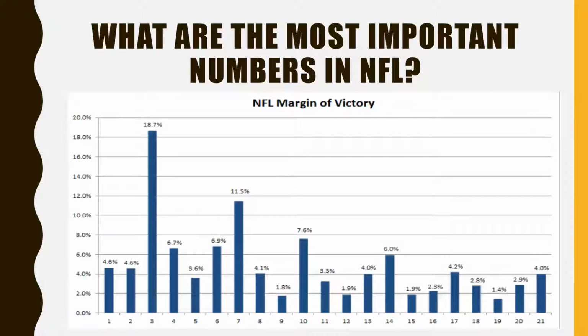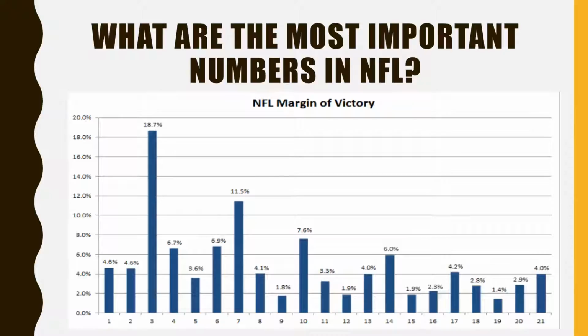All right, first thing we have to figure out is what are the most important numbers in the NFL. What I mean by that is the NFL is very unique in the way the scoring is. So first thing we have to do is talk about NFL margin of victory. If you look at this chart below, over to the left it's got the percentage of times that the margin of victory falls on that number, and at the bottom, that's the number.